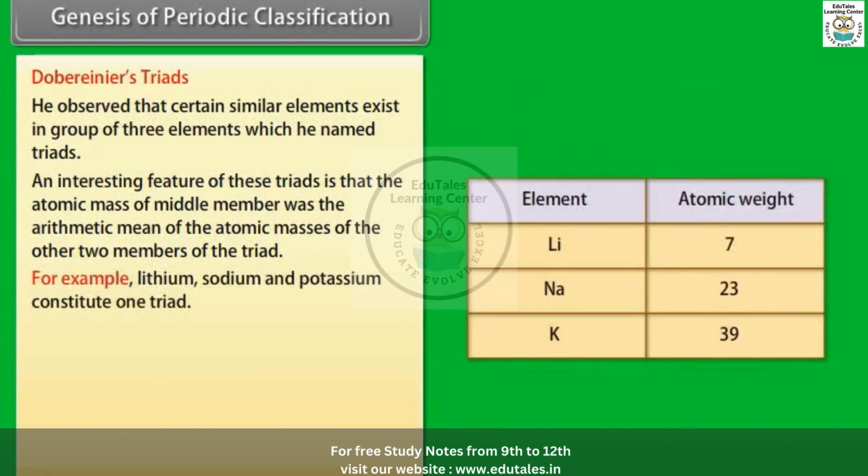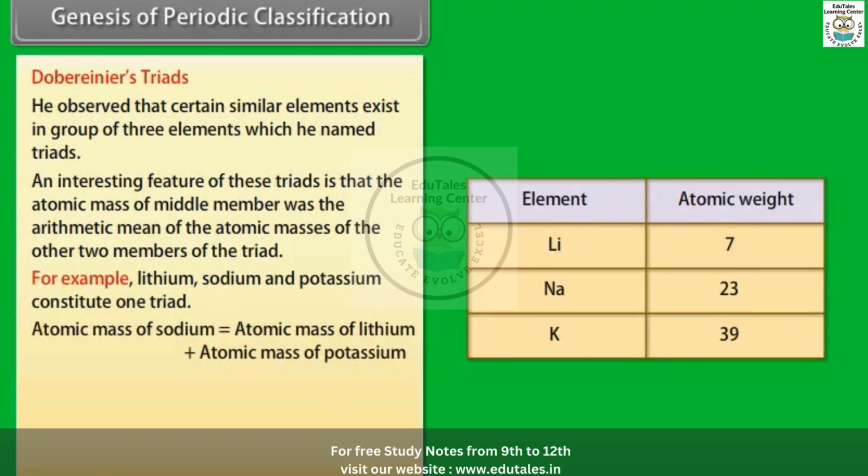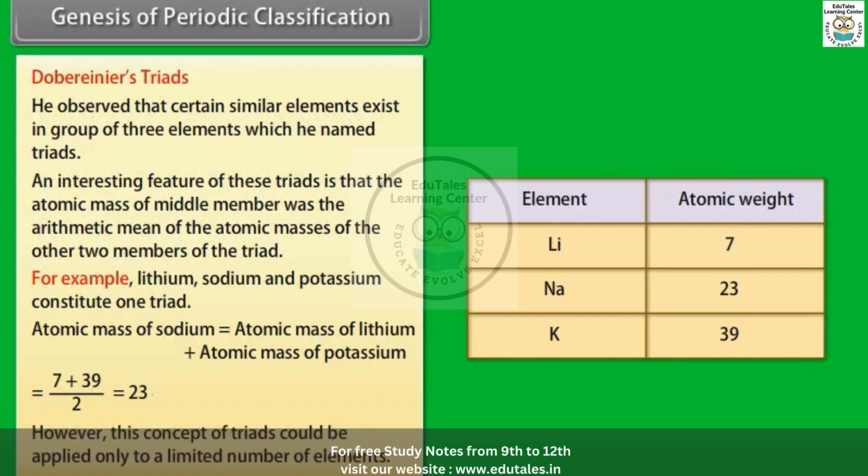For example, lithium, sodium and potassium constitute one triad. Atomic mass of sodium is equal to the atomic mass of lithium plus the atomic mass of potassium divided by 2, that is, (7 + 39) / 2 = 23. However, this concept of triads could be applied only to a limited number of elements.